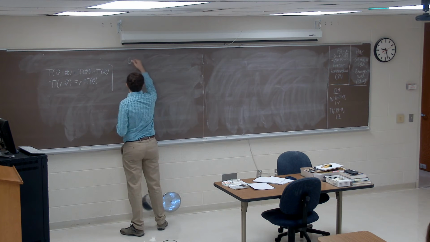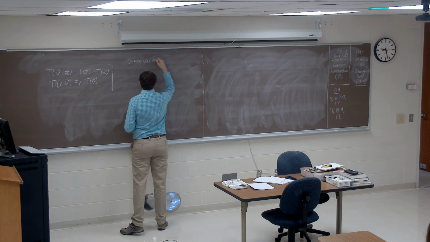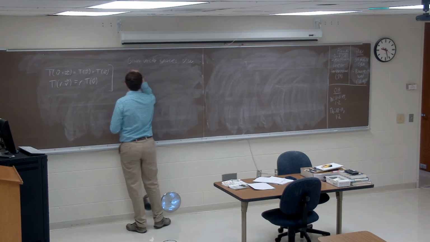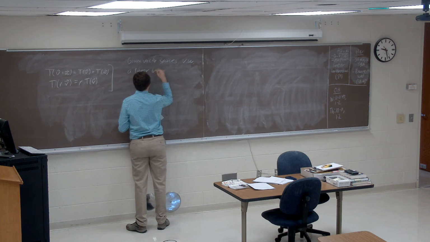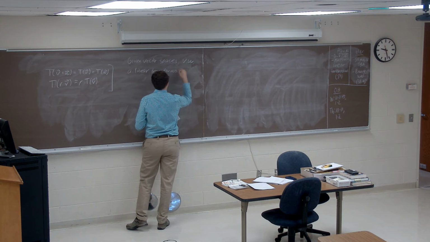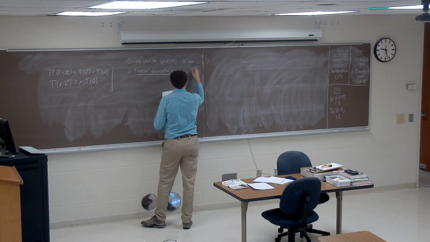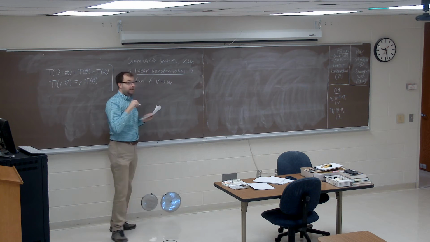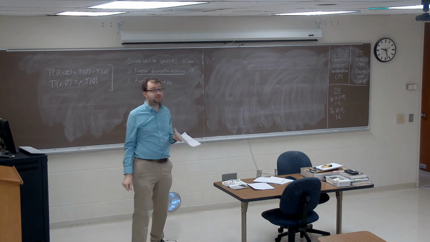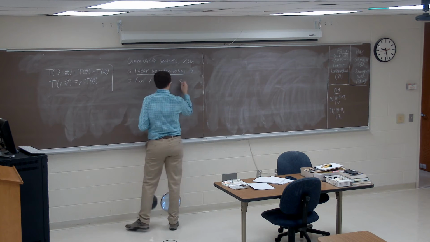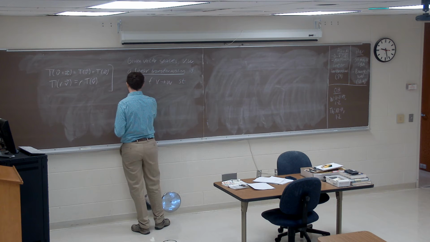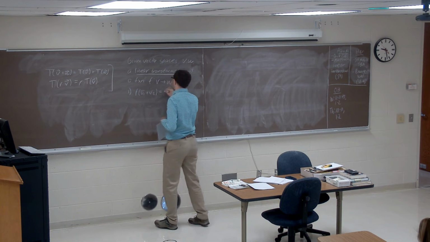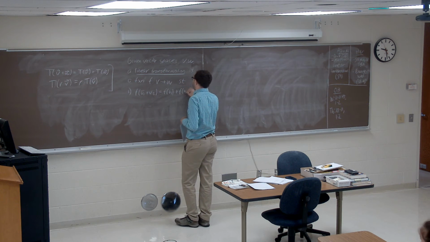Given vector spaces V and W, a linear transformation, or a linear map, however you want to call it, is just a function f that goes from V to W. It takes in elements of V as inputs and spits out elements of W as outputs, such that for all vectors and all scalars, f of V1 plus V2 is always equal to f of V1 plus f of V2.